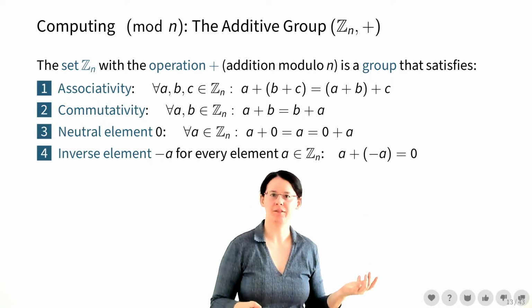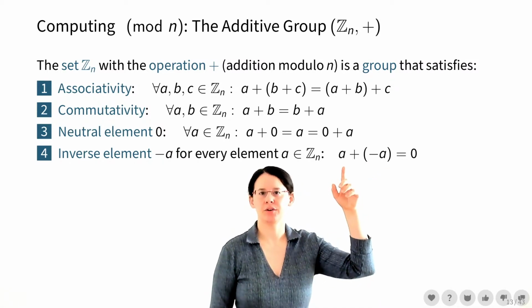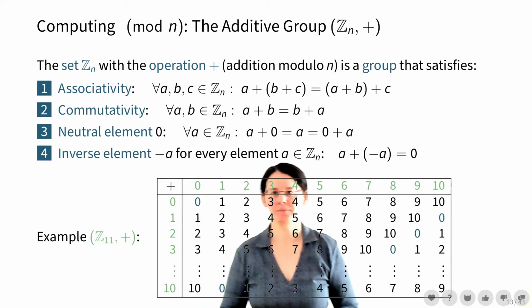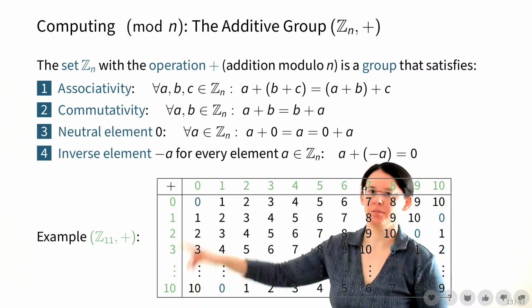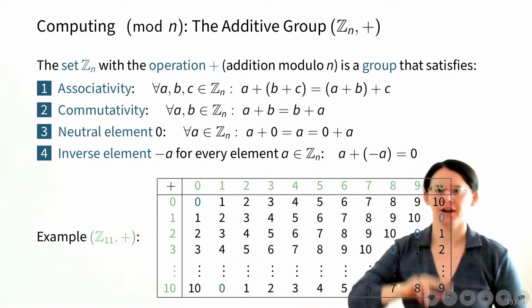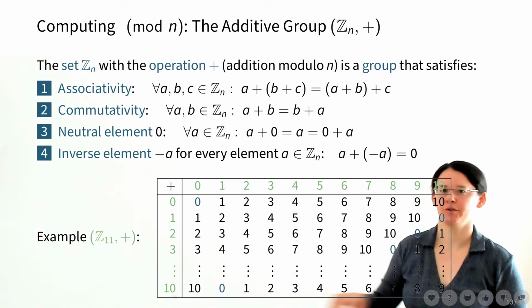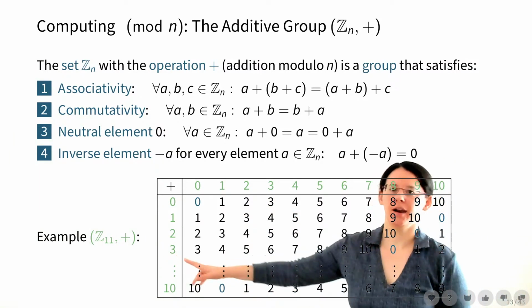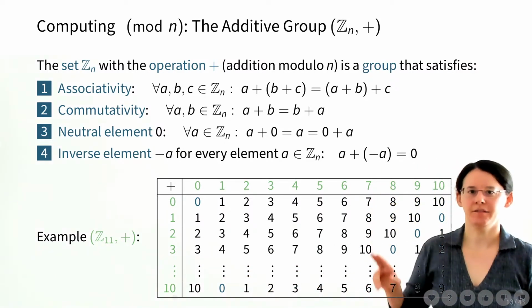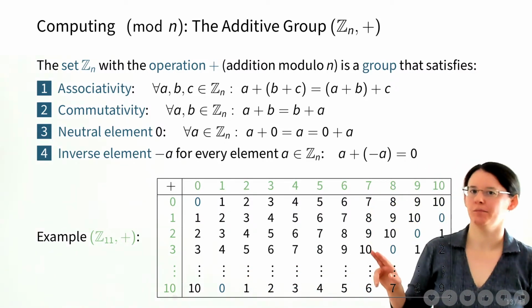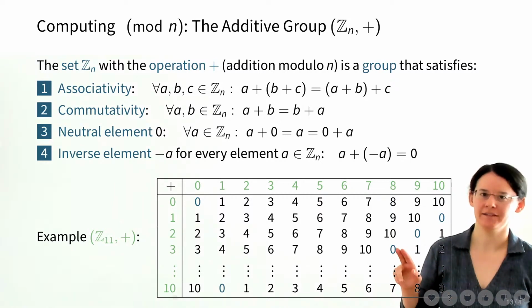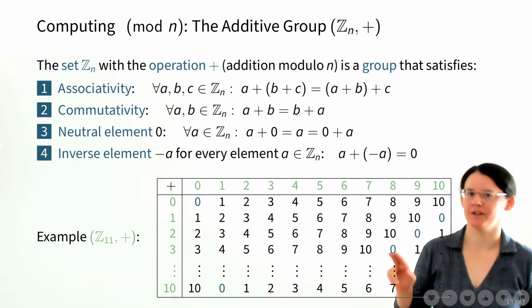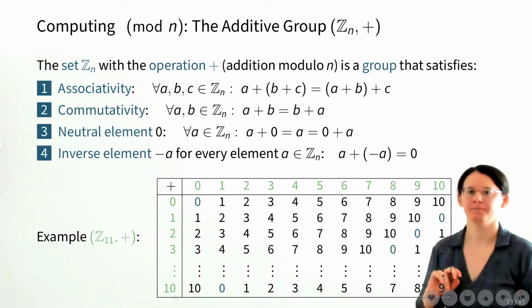For example, modulo 11, the inverse of 1, let's have a look at the table. So this is an addition table which says first operand, second operand, and here the result, what we get for the computation. So for example, 3 plus 7, which is 10, is also 10 modulo 11. But as soon as we have a result that would be bigger than 11, or at least as large, for example 3 plus 8, we would get 11, but 11 is represented by 0, so the result is 0 again.